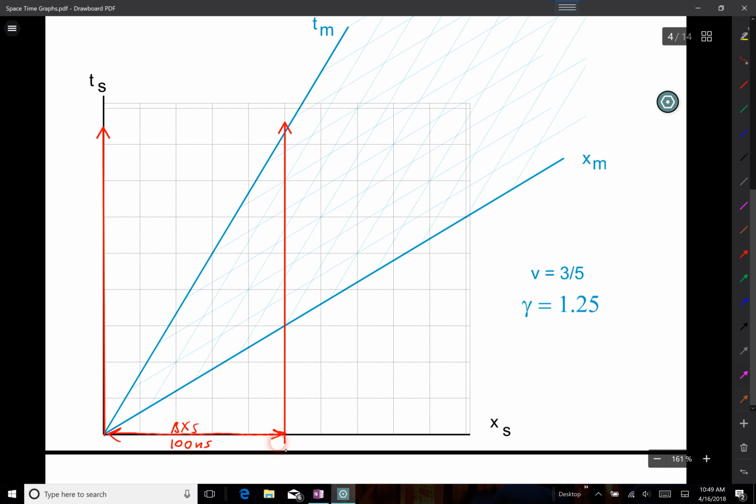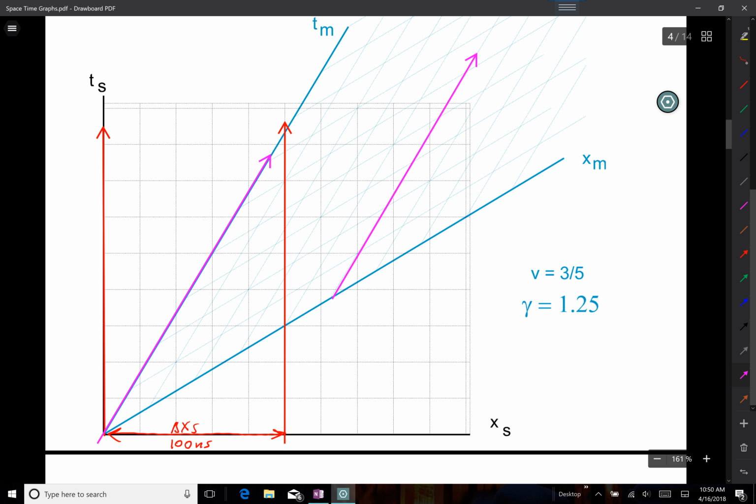I also have a spaceship that is in the frame of reference 1, 2, 3, 4, 5.